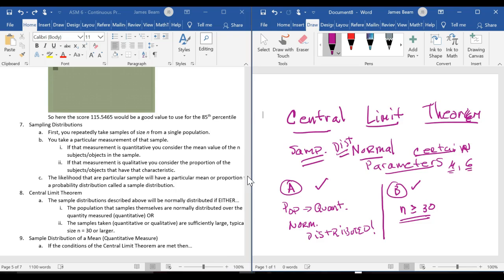Now, that feels kind of like magical. I can take something that is completely not normally distributed, take samples of a particular size bigger than 30, and end up with a sampling distribution that is normally distributed. That is bell-shaped, symmetric around a particular mean with a particular standard deviation.